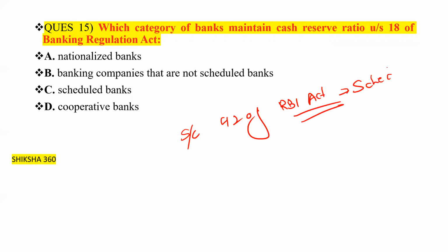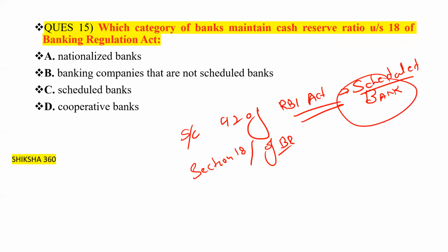Under section 42 of the RBI Act 1934, scheduled commercial banks have to maintain it. And under section 18 of the Banking Regulation Act, banking companies that are not scheduled banks have to maintain cash reserve ratio. So here option B is the correct answer.